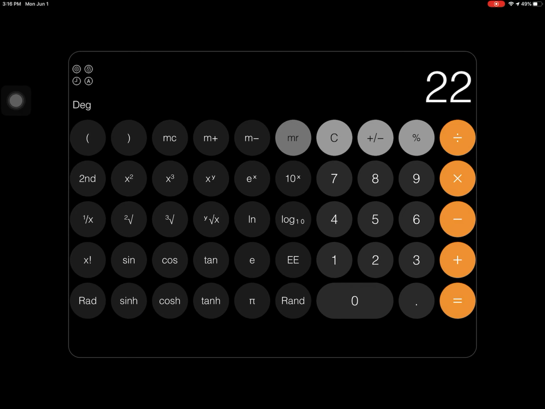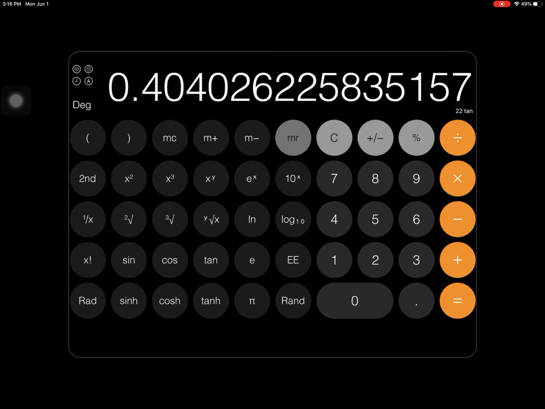So I'll just show you how that works on your calculator. So we go 22, tan. Oops, I think I might have pushed the wrong buttons on here. Oh, wrong one, yes. 22, tan. And we get 0.404. So we'll use that number. Right, so we have that number there.